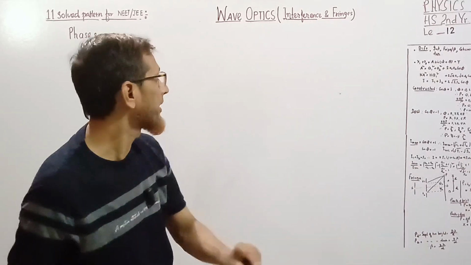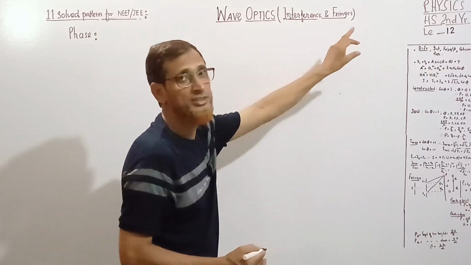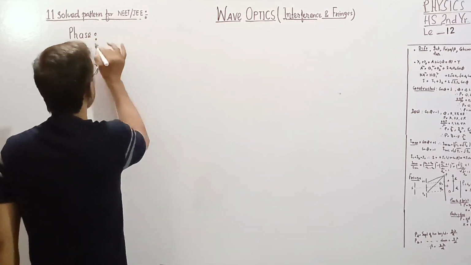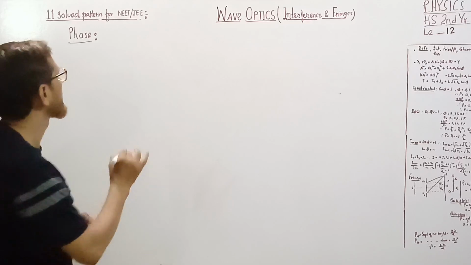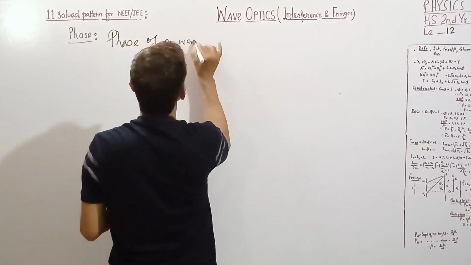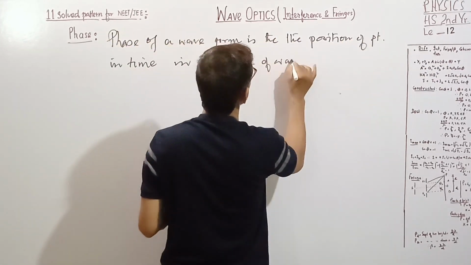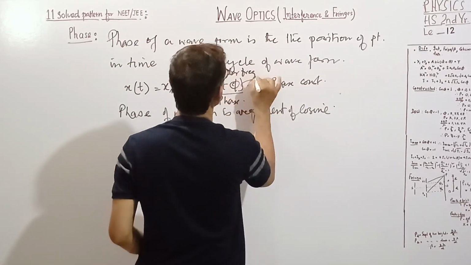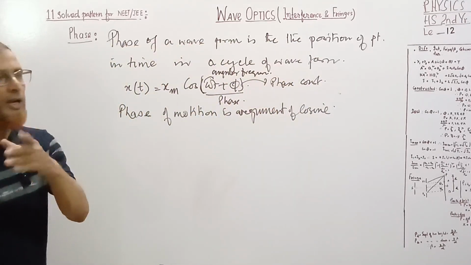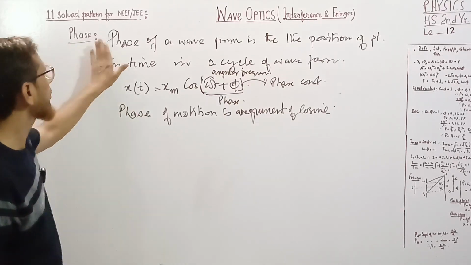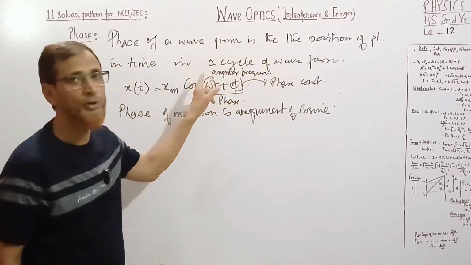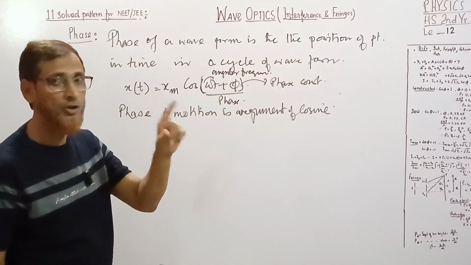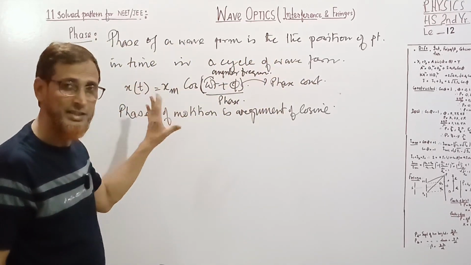Now, in a very precise manner, I will come to interference and fringes. Before starting, one very important term, in a very short time, I will tell you: phase. What is phase? Phase of a waveform is the position of a point in time in a cycle of the waveform.